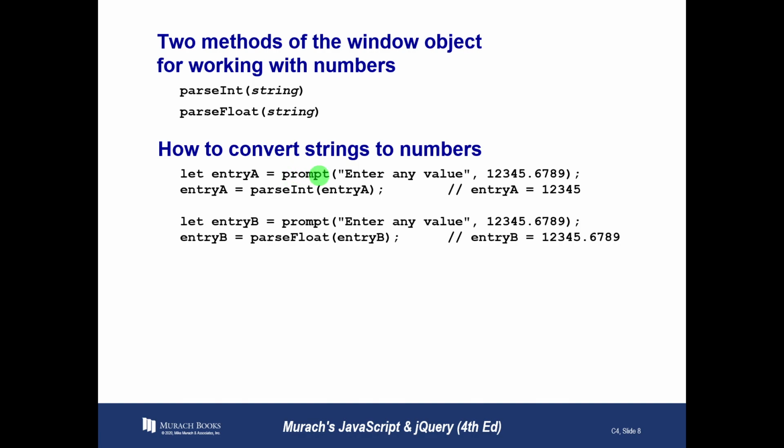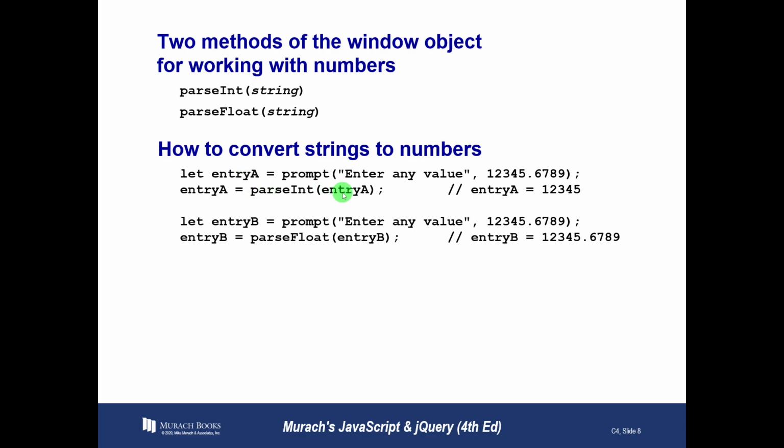So here we're doing a prompt to the user that says enter any value, and it has a default of 12345.6789. So if the user just clicks enter, that's the value that we'll get. And in this situation, whatever they typed is stored in this variable called entryA.